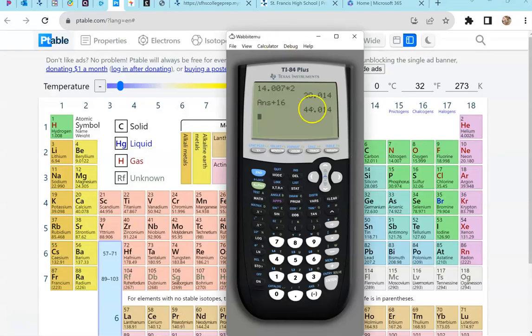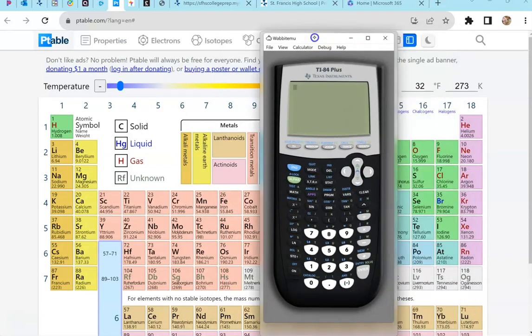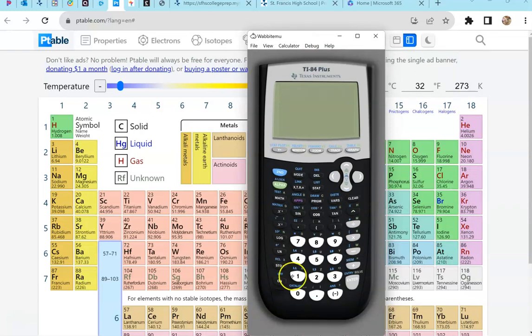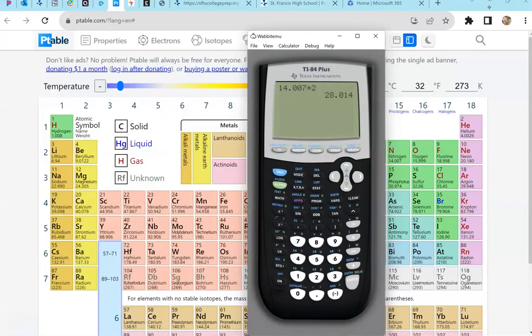So it's NH4NO3. We have 2 nitrogens because it's NH4NO3. So I'm going to do 14.007 times 2 because there's 2 nitrogens, even though it's not written like this. There are still 2 nitrogens in the problem. So I'm going to include both of those.